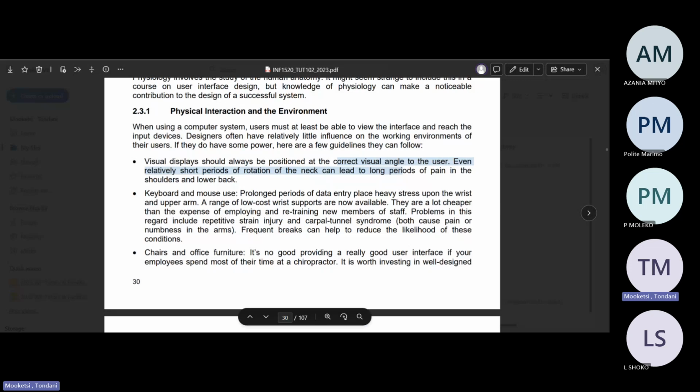So, physical interaction in the environment. We also need to know about the keyboard and mouse, that prolonged periods of data entry place stress on the wrists. Maybe you've experienced this if you've been typing for a long time or working on the computer for a long time, then you have pain on the wrist.